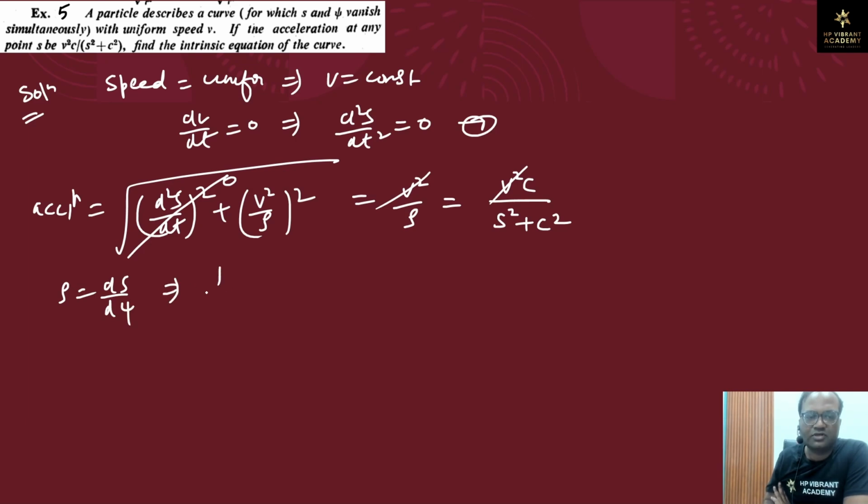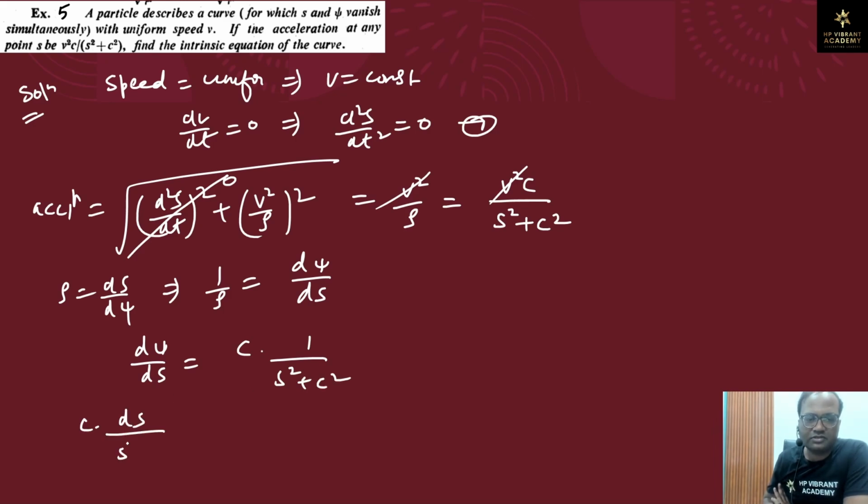This means 1 upon rho is equal to d psi upon ds. So we have here 1 upon rho, so this is d psi upon ds is equal to c into 1 upon s square plus c square. So from here we have c into ds upon s square plus c square is equal to d psi.